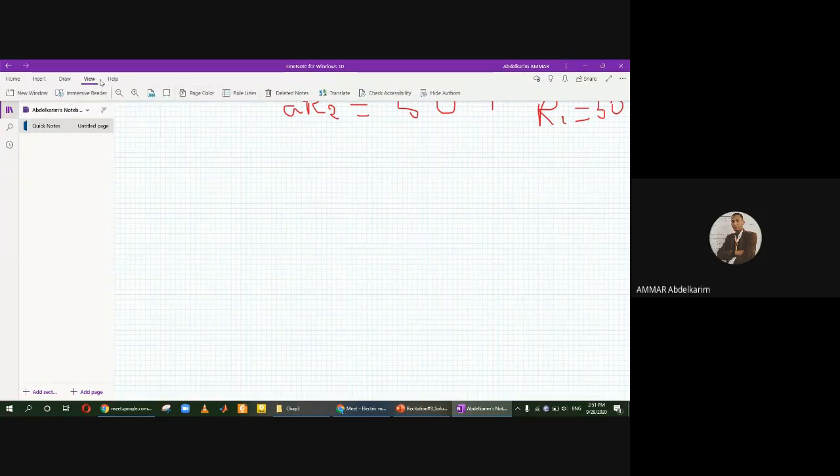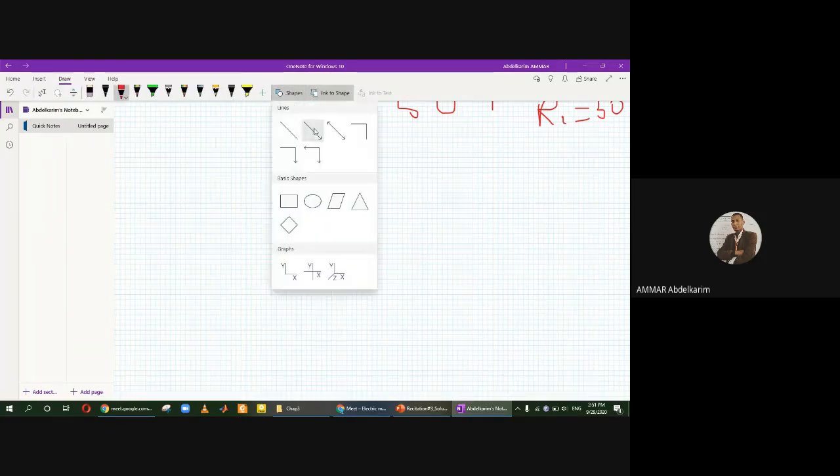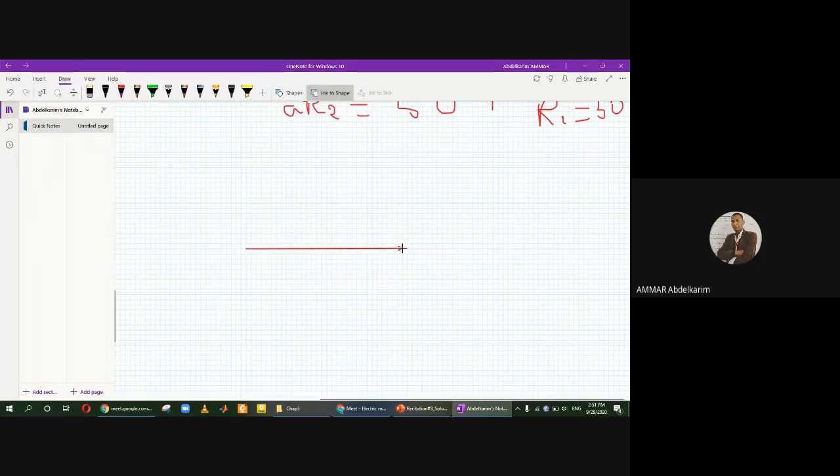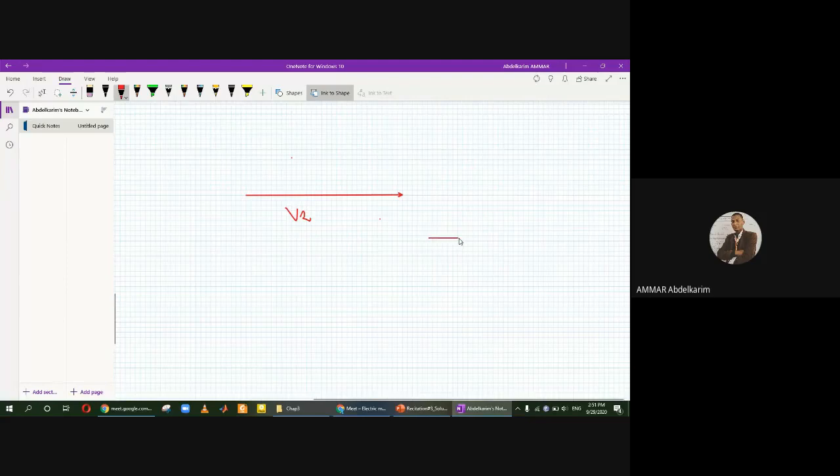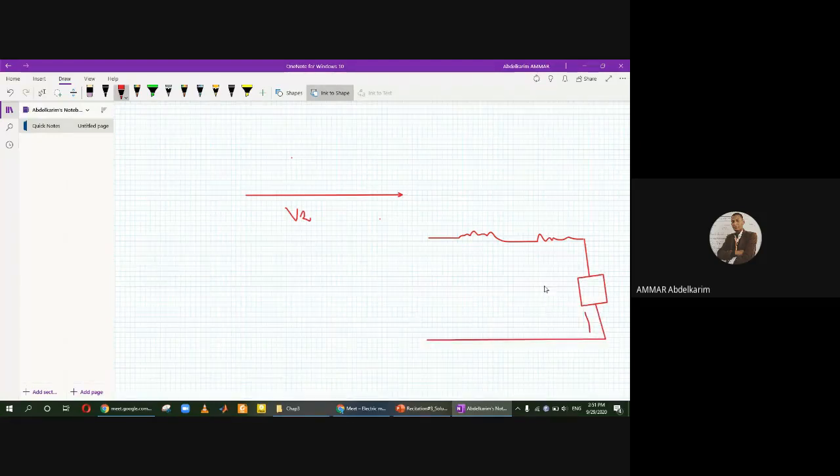This is, for example, the voltage across the load, V2. Let's put the circuit: R equivalent, X equivalent, and the load voltage. So this is V2.